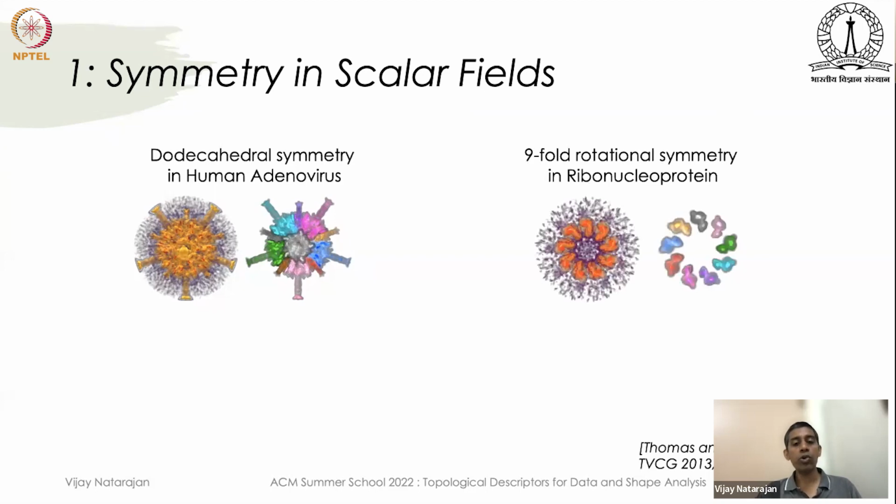Often it is used to even solve for the structure of molecules. Some of the classic approaches that are used in biology and biophysics to solve for the structure of some molecules use inherent information about their symmetry.